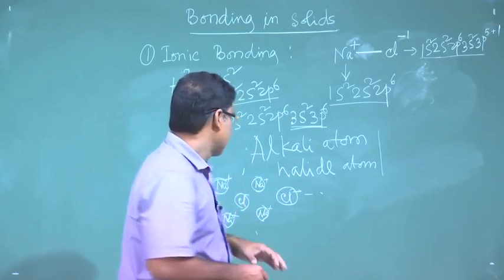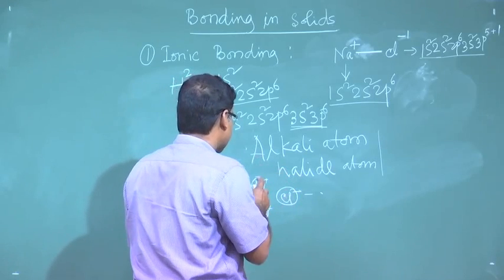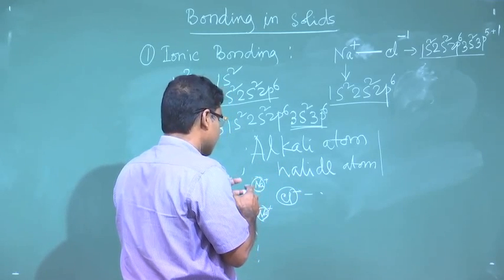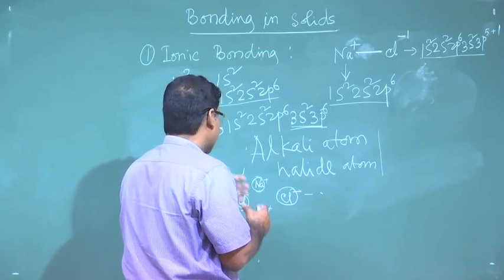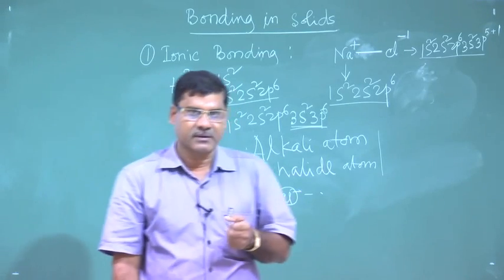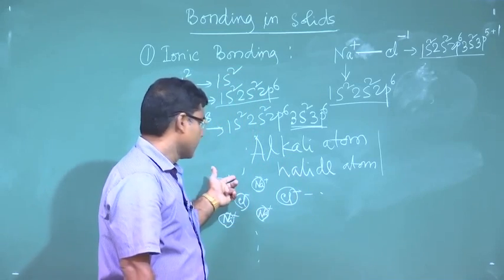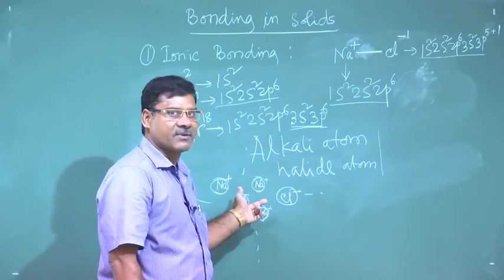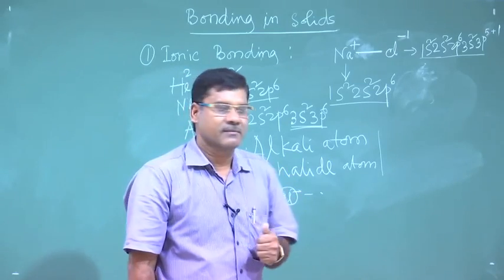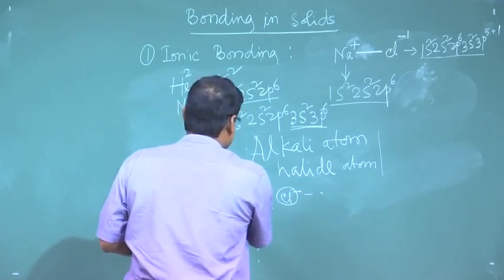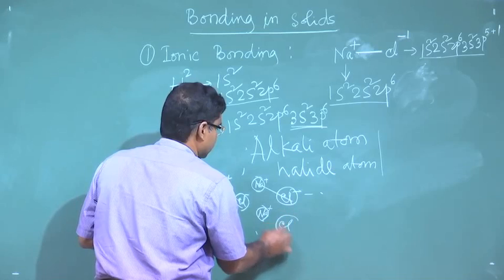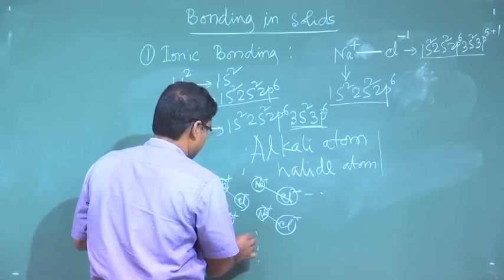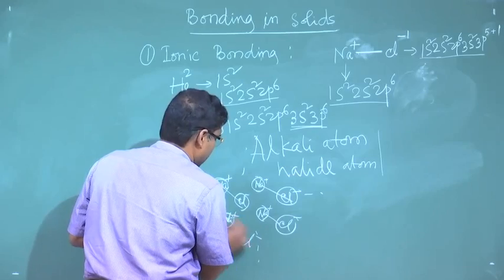So, in the case of sodium chloride, this is the picture where two types of atoms are there. One of them prefers to donate one electron and the other prefers to accept that electron. Thus they form bonding and hold each other.